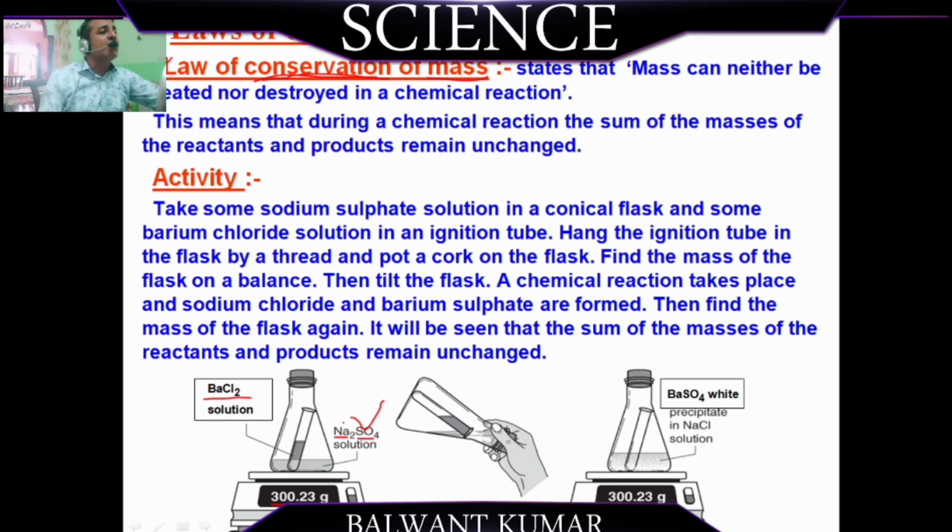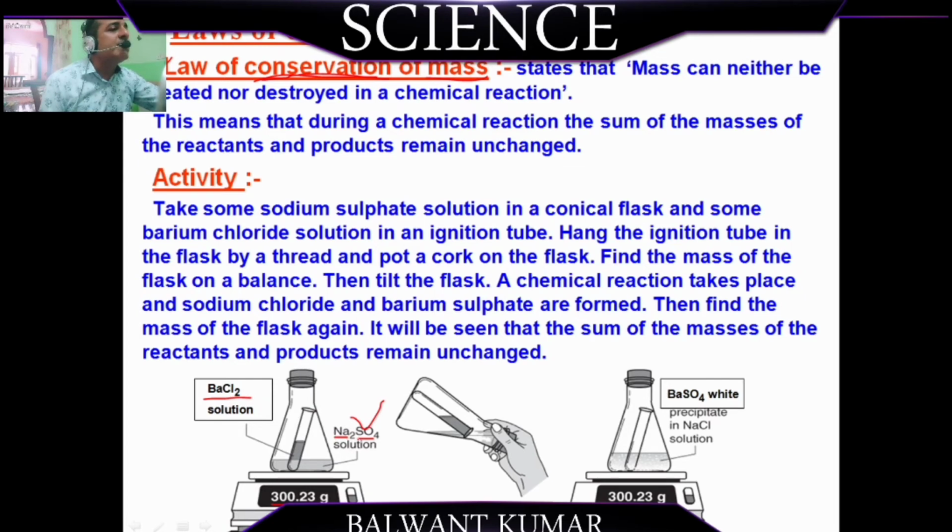In class 10th, in your next class, you'll study that such a reaction between sodium sulfate and barium chloride is called a double displacement reaction, in which these two reactants exchange their ions.